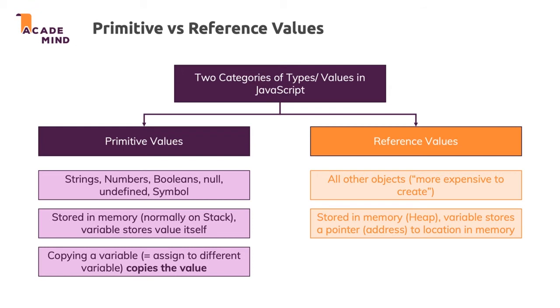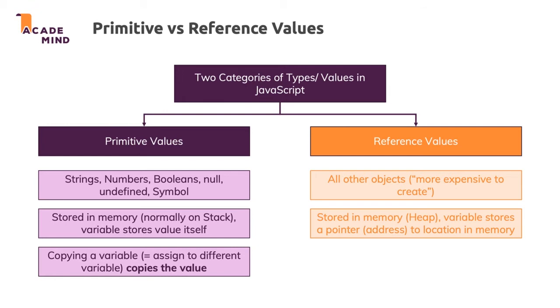And important, a variable then only stores a pointer, so the address of that place in memory, and not the value itself. For primitive values, a variable really stored the value itself in it.